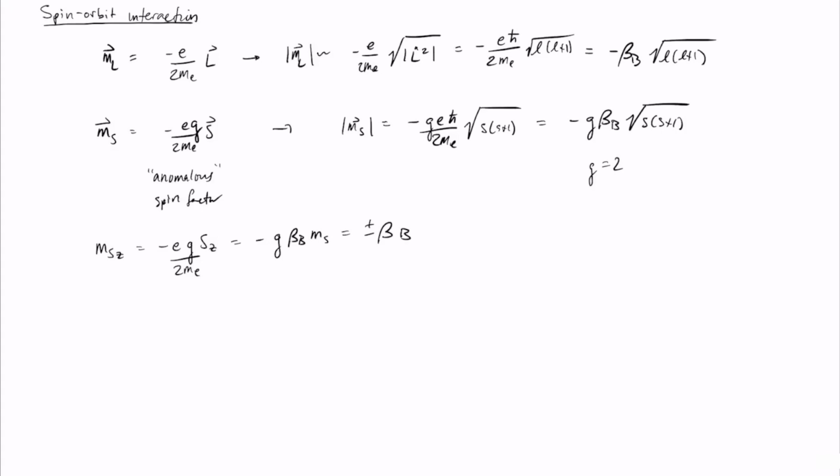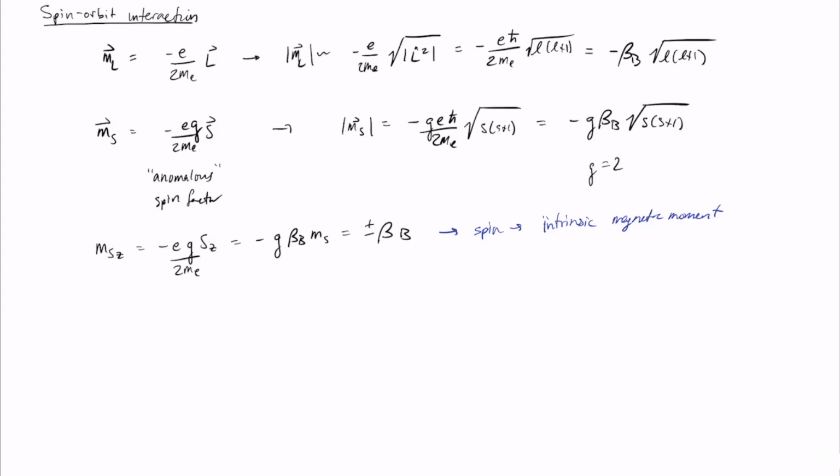Okay, so this tells you that the electron spin results in an intrinsic magnetic moment. Okay, so there's an intrinsic magnetic moment coming from the spin. So this internal, purely quantum degree of freedom of the electron.